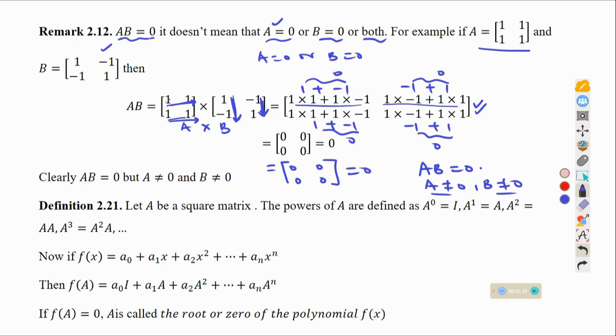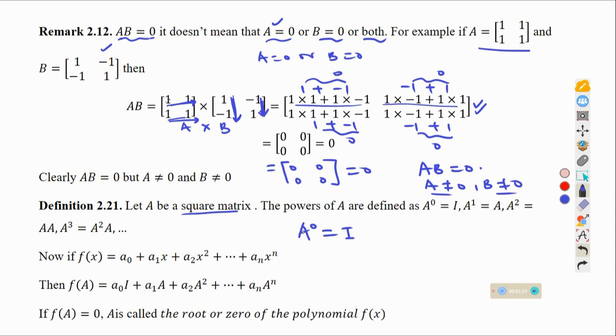So next we shall talk about some definitions here. If A is a square matrix, then the powers of A can be defined as follows. We shall be denoting that A to power 0 is the same as the identity matrix I, because you remember that any matrix multiplied with the identity matrix remains the same.